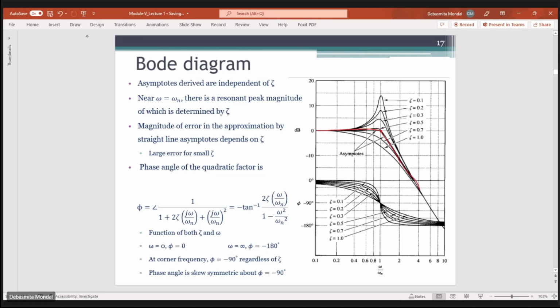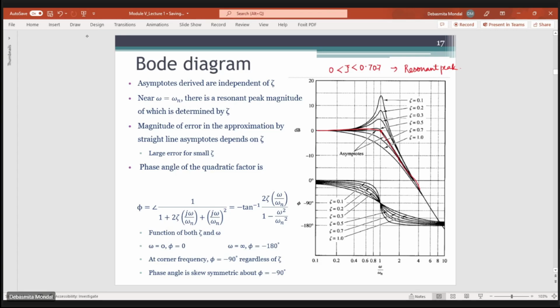We'll see why this particular value 0.707 comes. For values of zeta greater than 0.707, we do not get any such peak, and it is simply a smooth curve that follows something like this. For zeta between 0 and 0.707, we get a resonant peak in the magnitude plot.